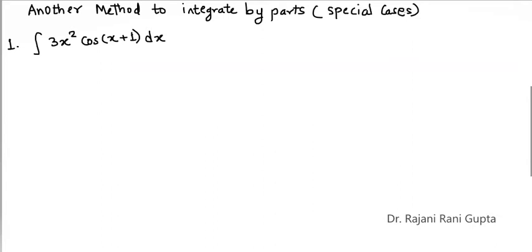Now we have studied the method in previous videos where we have to select u and dv and then we substitute it in this formula and get the final answer. Another way is we select one function for differentiation and another function for integration.